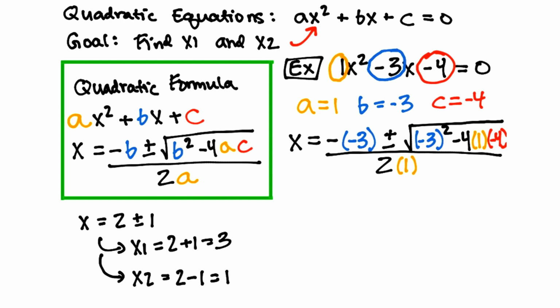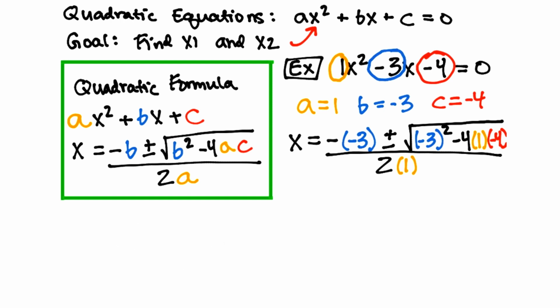Now we want to start going through the math and solving this out. First, I'm going to erase this to make some room. So x equals, and here the negative will go into the negative 3, so we're just left with 3. Then plus or minus the square root of negative 3 squared, which is negative 3 times negative 3.